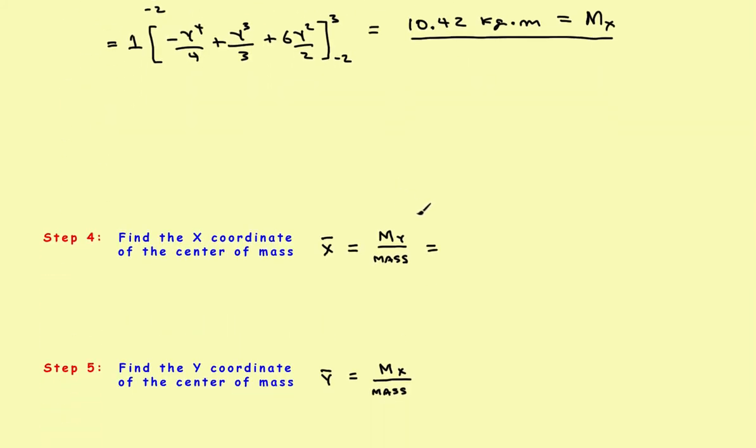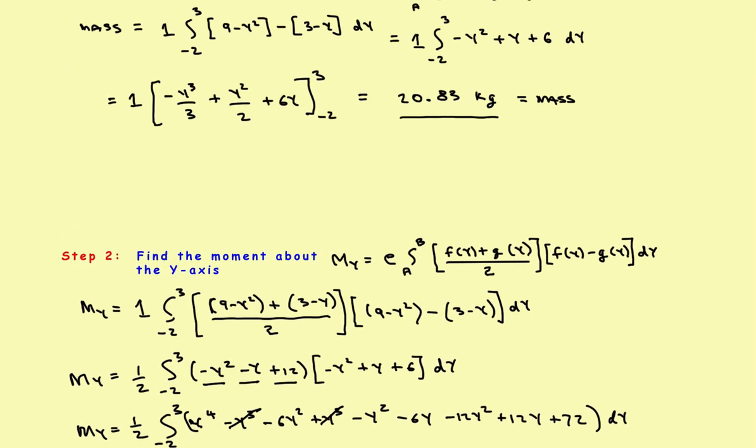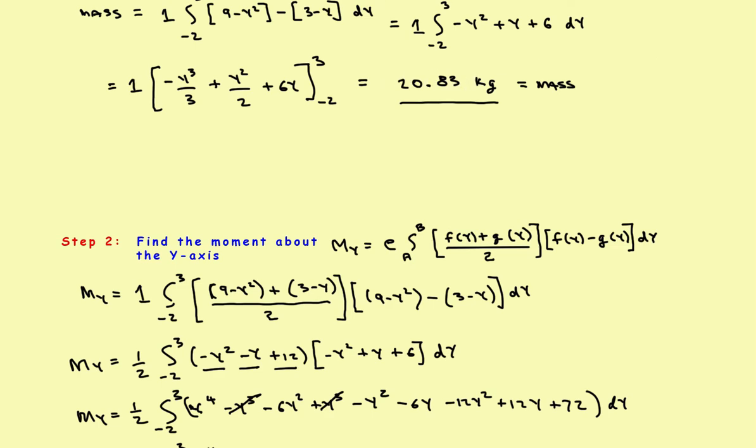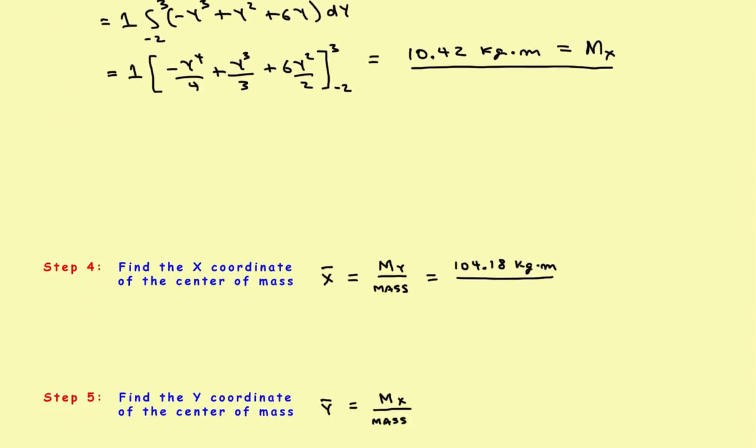So this was 104.18, and the units were kilogram meters divided by the mass, which was 20.83 kilograms. So we'll put that in here. Now again, the kilograms cancel out, and if you divide this, it actually just turns out to be an even 5 meters. And what that's going to be is the x-coordinate of the center of mass.